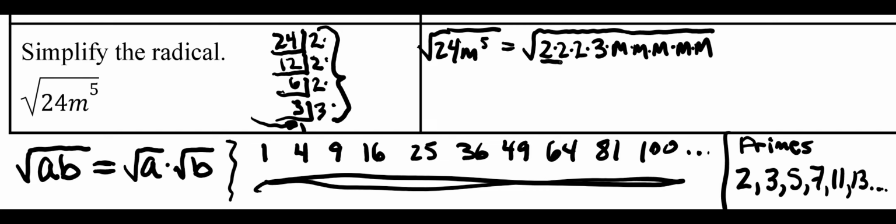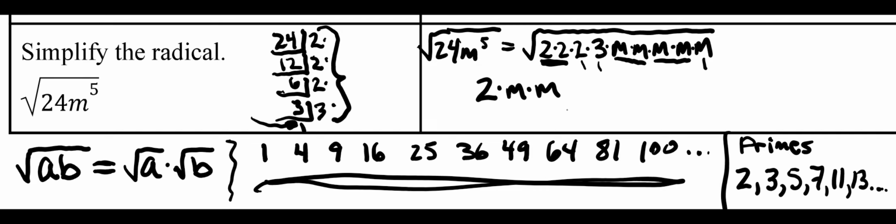So there's a pair of 2s right there, and they're going to get out as a 2. And then I only have 1 two and 1 three, so those stay in. There's a pair of m, so that's going to come out. There's another pair of m, so that's going to come out also as an m. And then there's another m that doesn't have a pair that's going to stay inside.